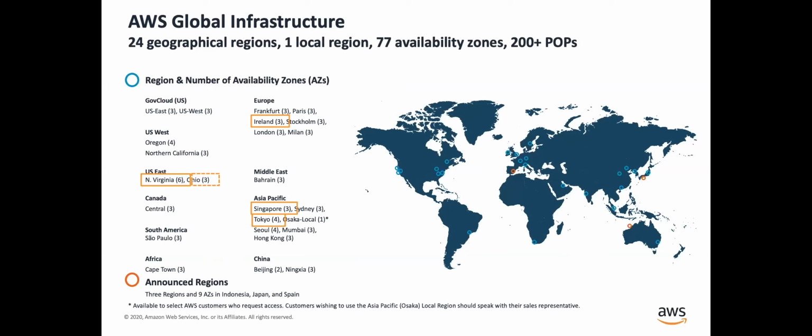And not all of them have 6. We call them availability zones, but some of them have 3, some of them have 2. If you look at China, Beijing has 2, Ningxia has 3. They're really designed for many considerations. Sometimes it's compliance and security, sometimes it's regulation, data privacy, sometimes it's just an economical reason, I get a good network traffic backbone, and sometimes it's because my electricity and energy cost is low in that region.